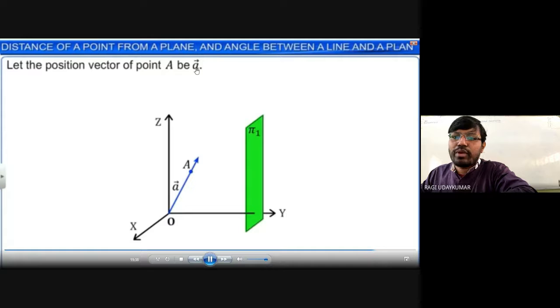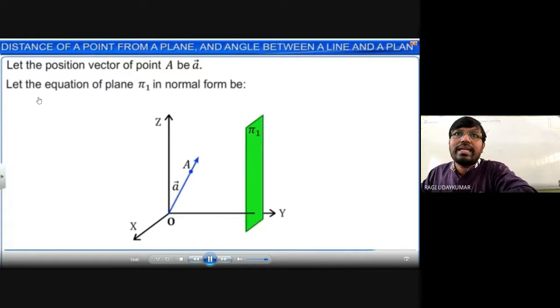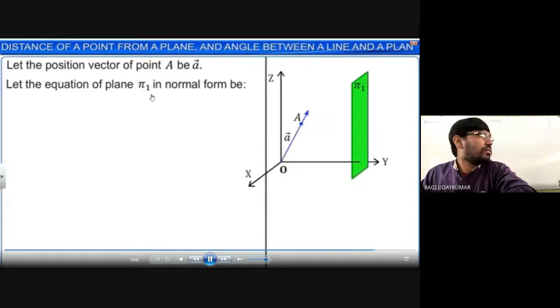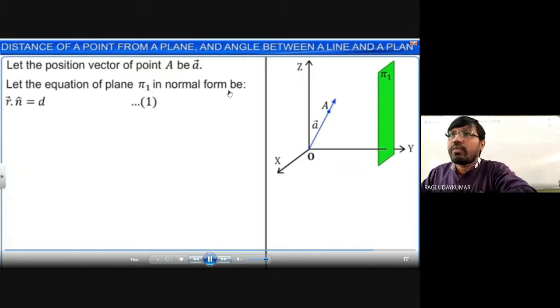Position vector of the point is taken as a and let the equation of the plane pi1 in the normal form. A normal form में if you are taking r bar dot n cap is equals to d. Isn't it? Did you get my point here?